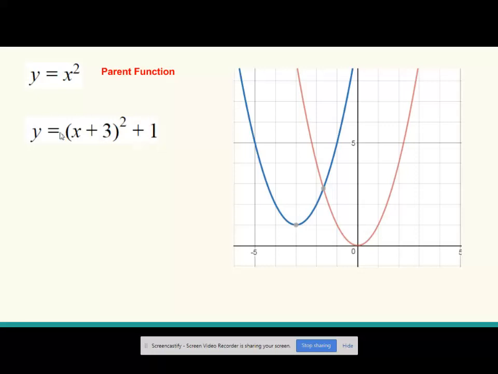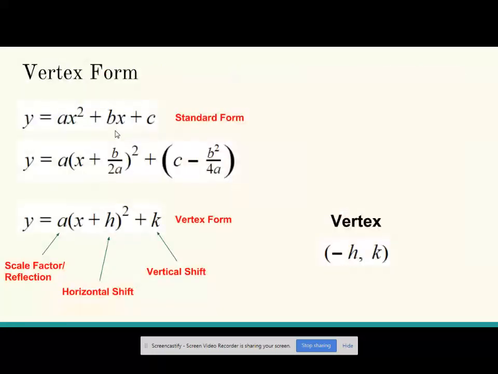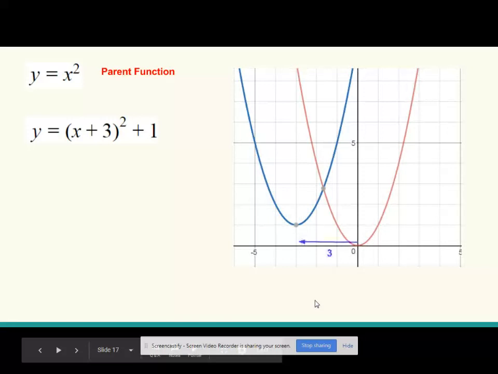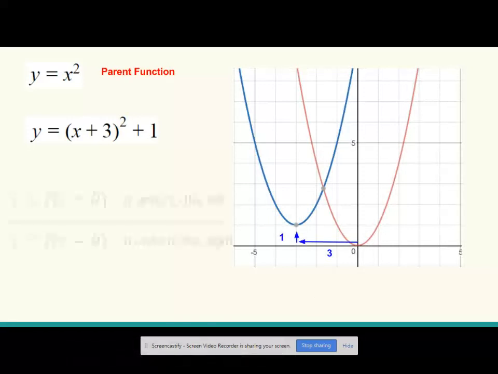If we want to graph this parabola, the vertex is going to be at negative 3, positive 1. And again, it's negative 3, not positive 3, even though it says plus 3, because of this opposite of h, this opposite of b over 2a business that we used before. That's going to be very consistent. So we moved to the left 3 and up 1.